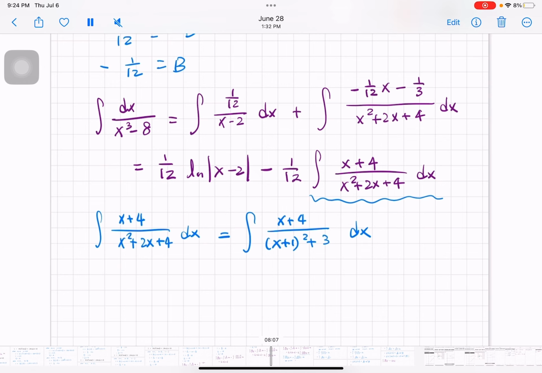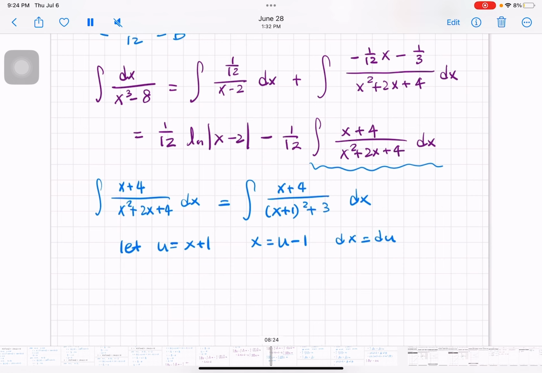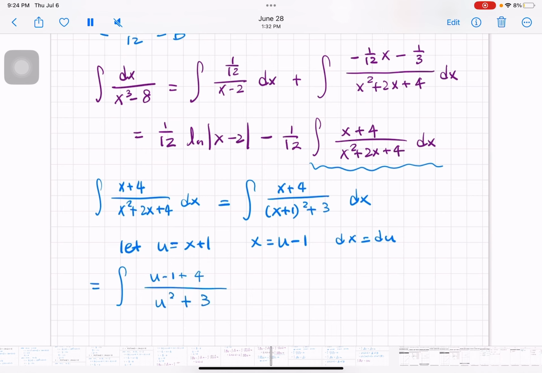So we're going to rewrite the denominator as x plus 1 squared plus 3. And in this version, we can let u equal x plus 1. Then x is equal to u minus 1, dx is equal to du.